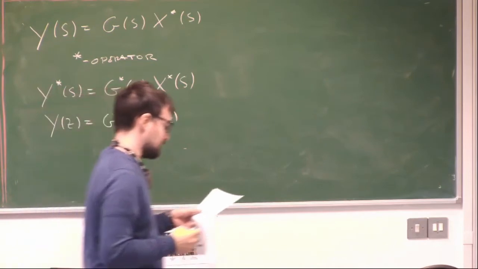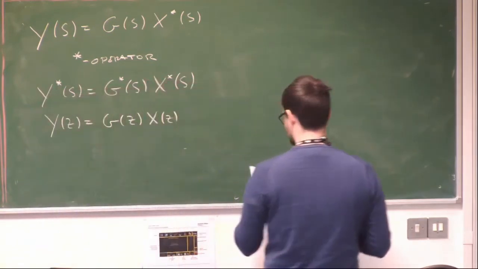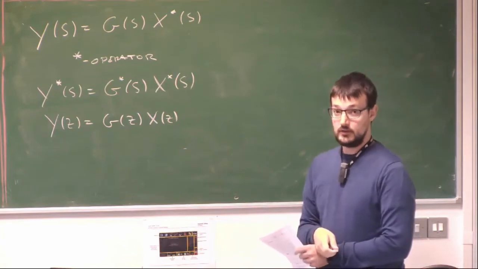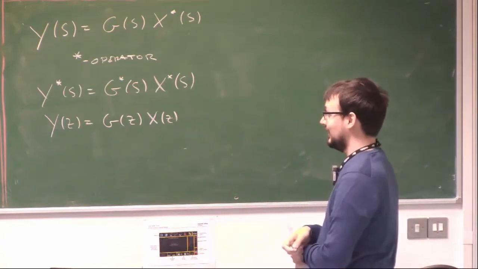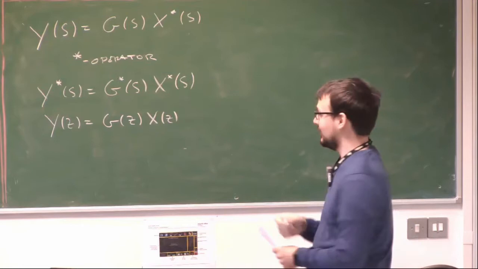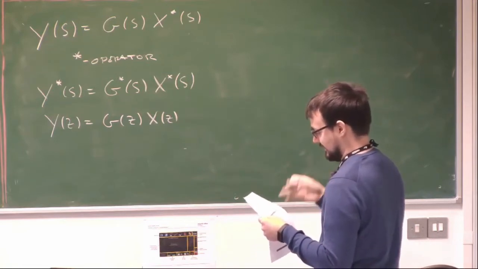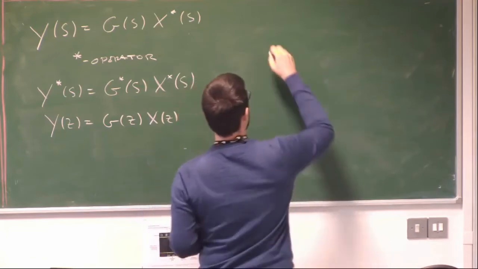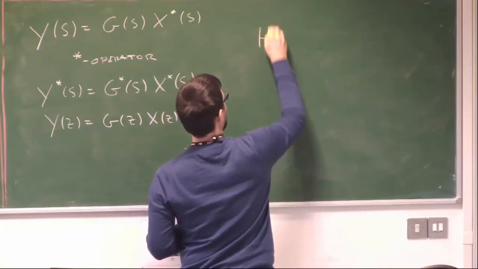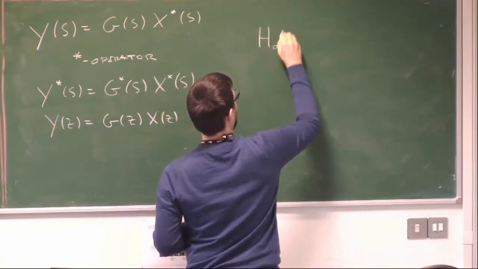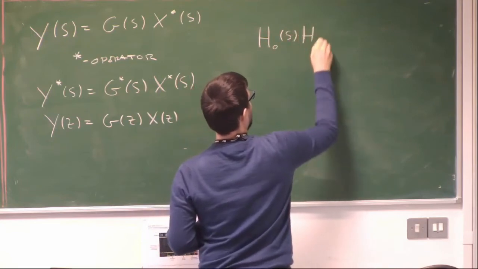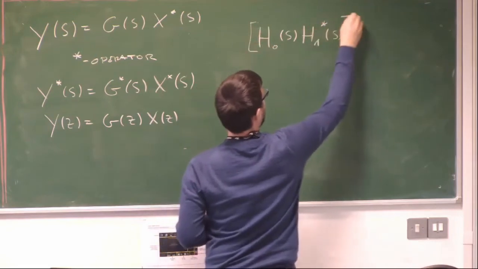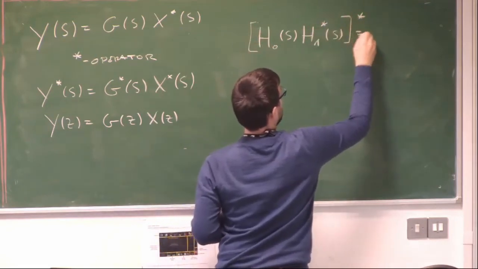There are some important properties of the star operator that you have to understand. The star operator is not distributive. This is an important property that the star operator doesn't have. What does it mean? Suppose we have the star operator applied to h0 of s times h1 star of s, so we want to compute the starred version of this.